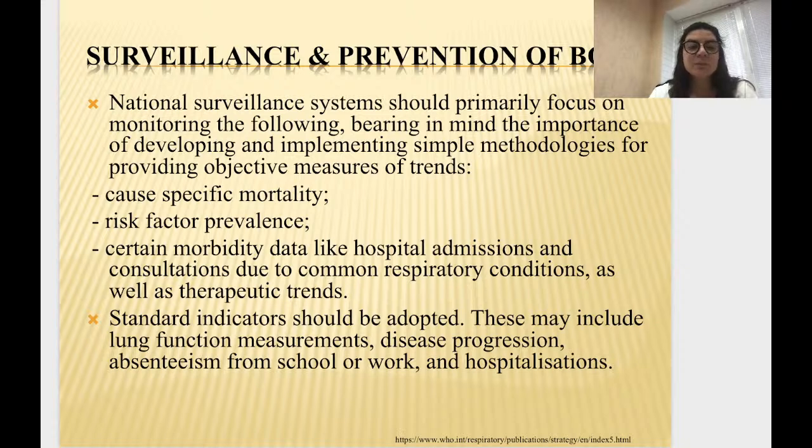These are cause-specific mortality, risk factor prevalence, certain morbidity data like hospital admissions and consultations due to common respiratory conditions, as well as therapeutic trends. Standard indicators should be adopted. These may include lung function measurements, disease progression, absenteeism from school or work, and hospitalizations.